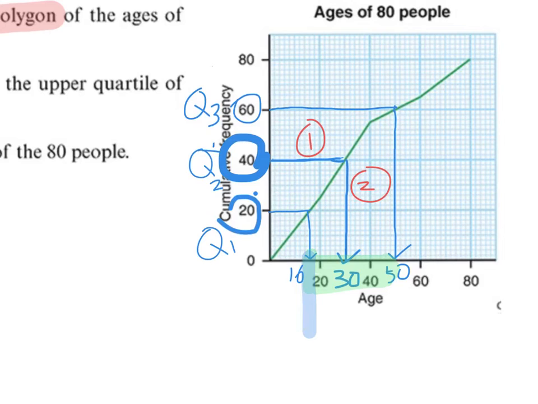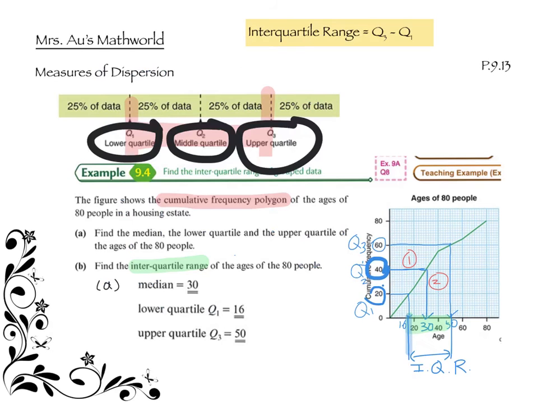It should be the one in the x coordinate. So this is the interquartile range when you look at the graph. As a result, you can see 34 as the answer. 50 minus 16 becomes 34.